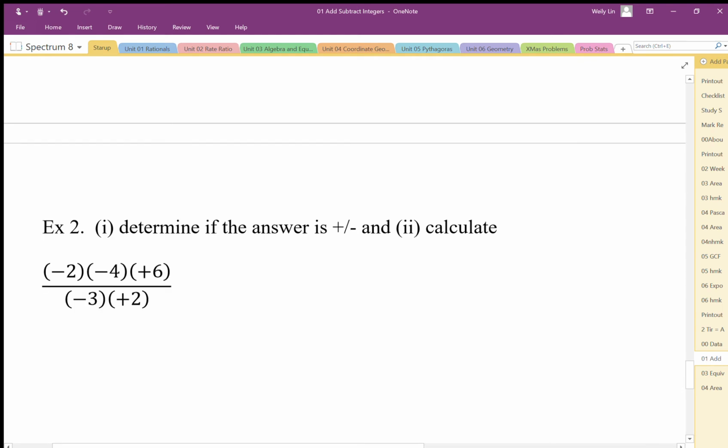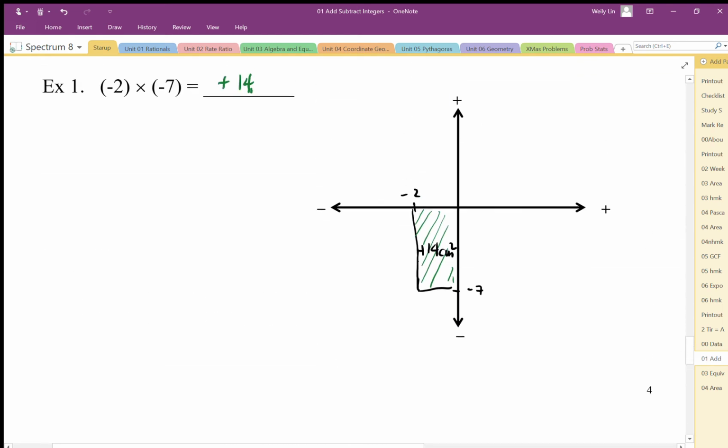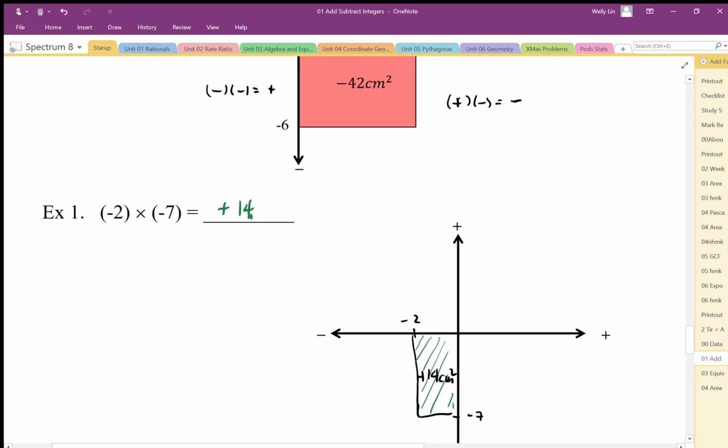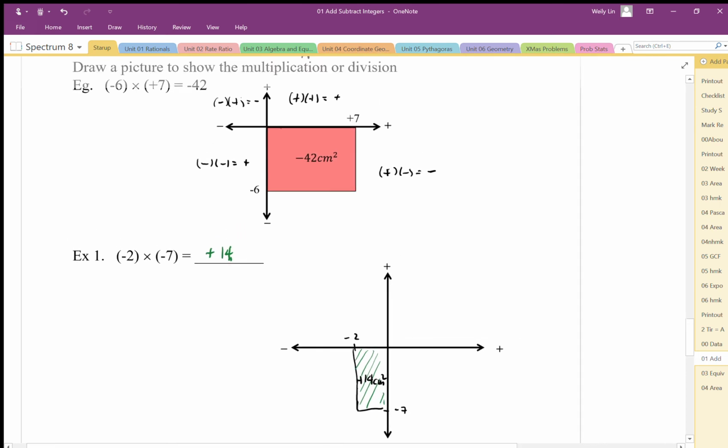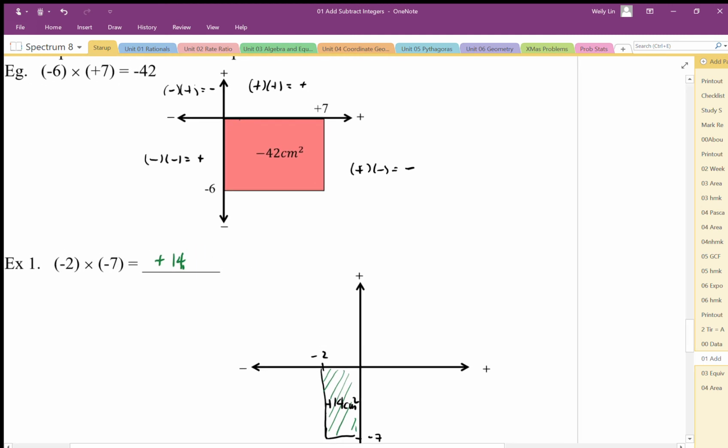Okay, so when we're talking about this number line, we don't have to always use this number line, but this is the model we can use when we're dealing with integers. We can model it using coordinates, or position along x and y axis. So when we do multiplication, we're not necessarily going to use the number line, but we will continue to use our grid multiplication.